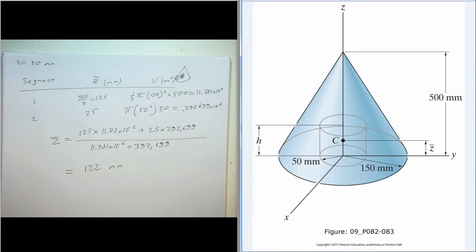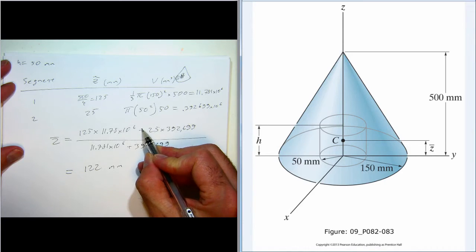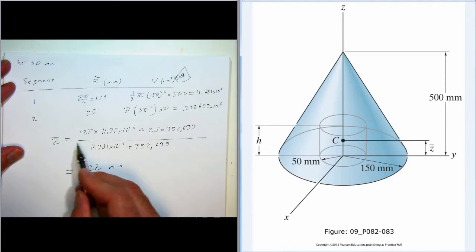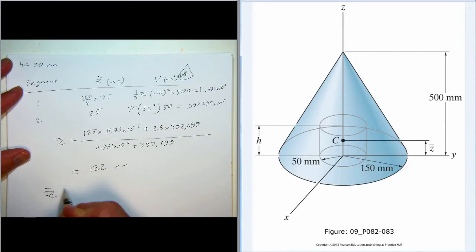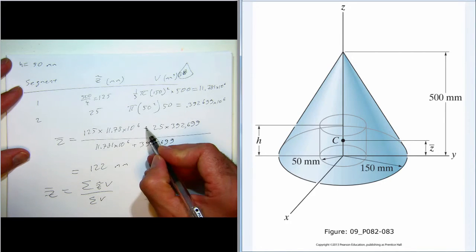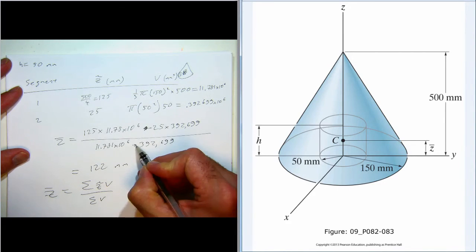So, I made another mistake. Can you guess what the mistake is? We have a hole here, and I forgot to treat it like a hole. So actually, these should have been subtractions instead of additions. Segment 2 is a hole, so we're going to subtract that from the summation. Z bar is the summation of z tilde V divided by the summation of V. When we have holes, we subtract, so it's a negative value. So this should be minus.